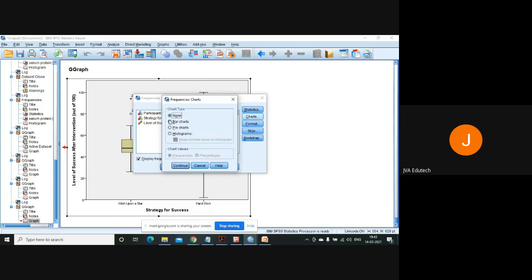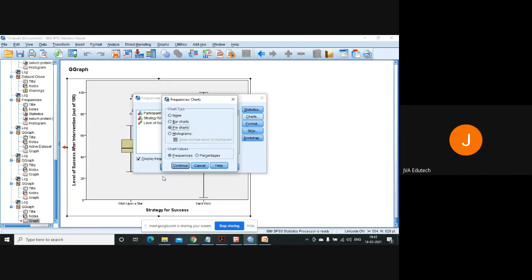The frequency distribution will give you only a limited kind of simple bar chart, pie chart or histogram. In Chart Builder, you can play around and make different types of charts, such as a frequency polygon, line chart, bar chart or different kinds of pie charts.